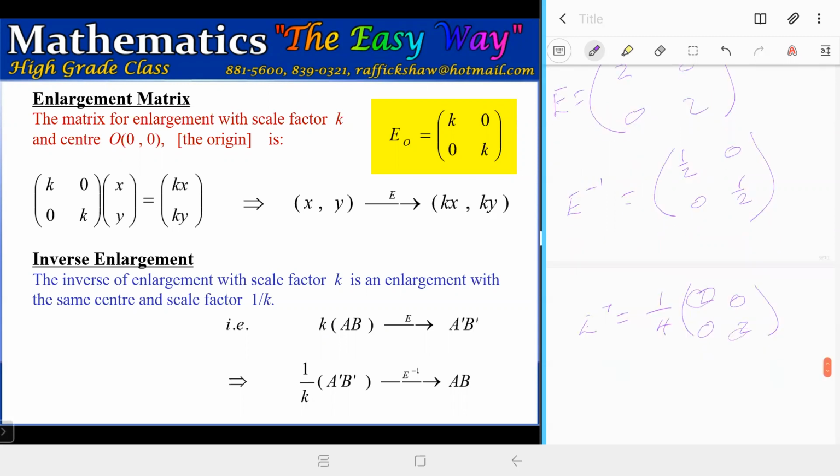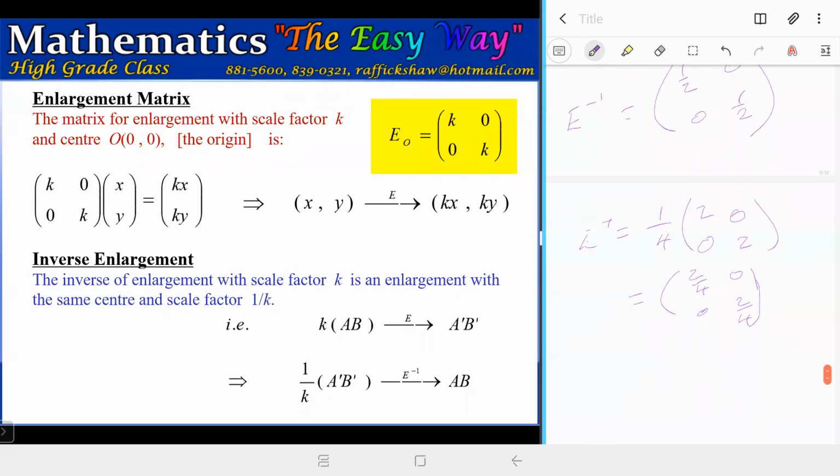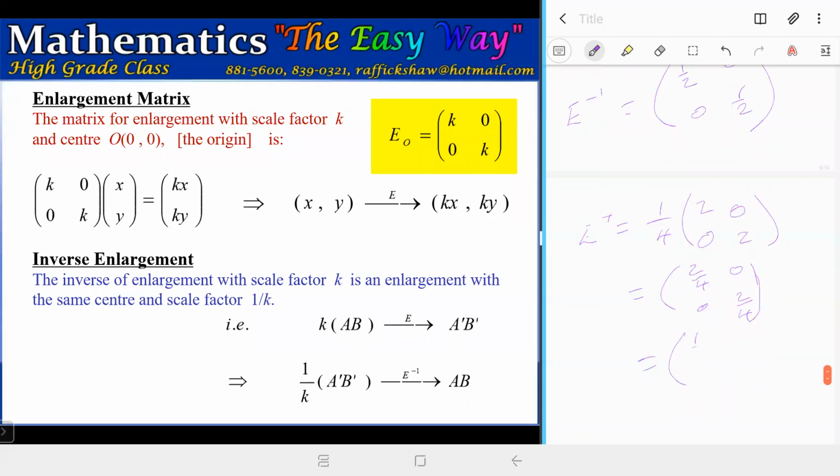Then divide each of these by 4, so you get 2 over 4, 0, 0, 2 over 4. 2 over 4 is a half. So you get a half, 0, 0, half. That's the inverse of that.